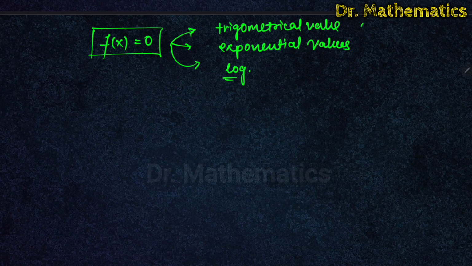If it contains these things, and there are many more also, then we do not call it an algebraic equation; we call it a transcendental equation.